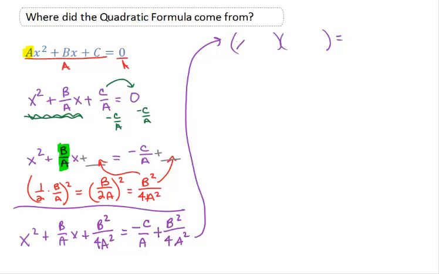I have x times x to give me my x squared here. Then my last pieces are going to come from this here, but remember, it's always what we see before we square it. So my green places fill in with b over 2a.